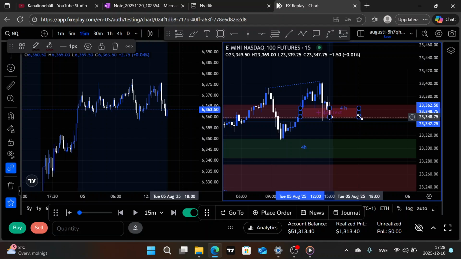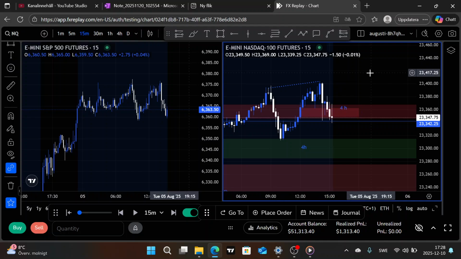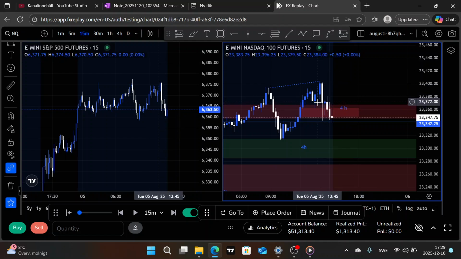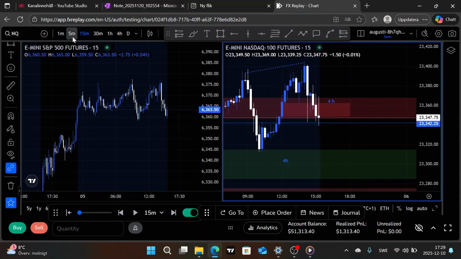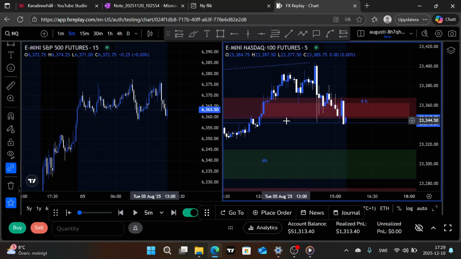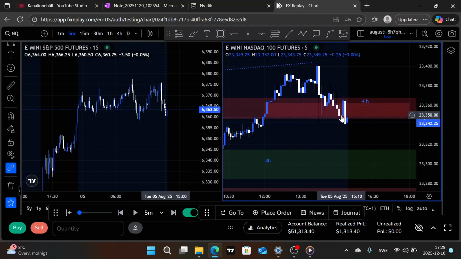So right now we have a lot of valley gaps that we are waiting for, and we also have this valley gap right here. So I go and watch it in 5 minutes. So step by step.